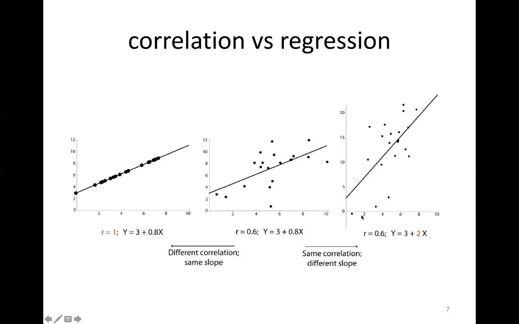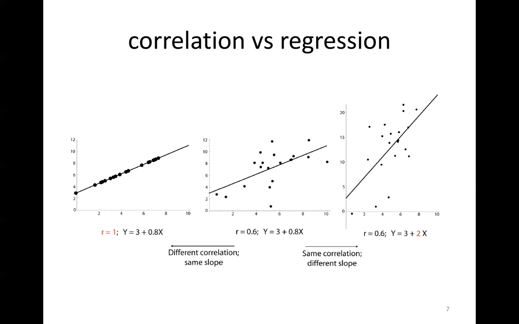The slope is the same, but here the slope is more than twice as much as the previous one, and you can see it's steeper, so the slope is higher, whereas the correlation coefficients are the same, because the correlation coefficient is a measure of coupling between the two variables, the amount of coupling relative to the overall variation in the two variables.